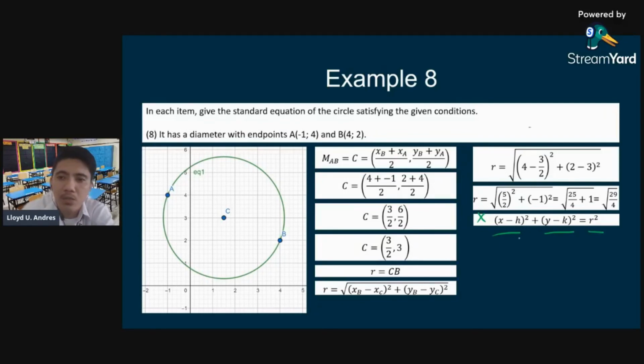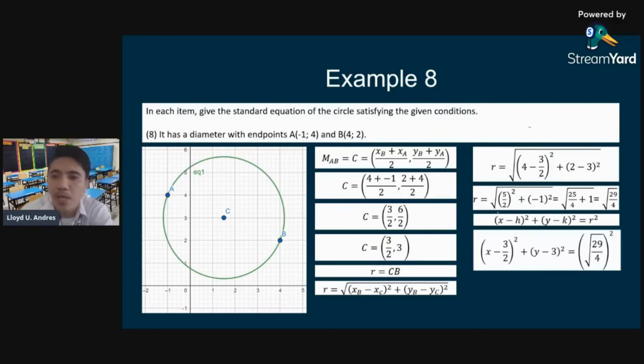The next thing to do is to substitute the values. H is 3 halves because the x coordinate of our center is 3 halves. K is 3 because the y coordinate of our center is 3. And our radius is square root of 29 over 4, because we have determined using the distance formula that the radius is square root of 29 over 4.